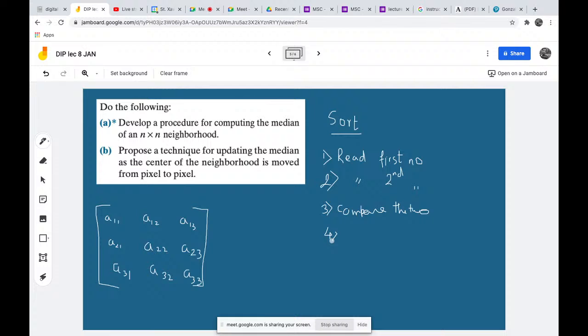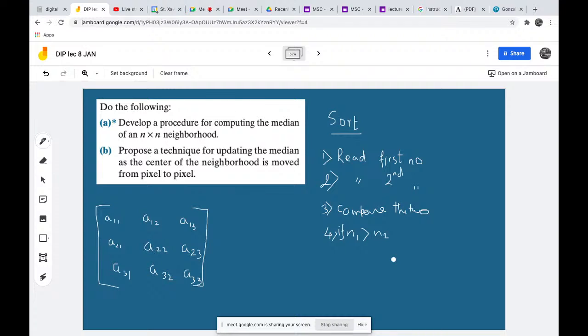So if the first number is larger than the second one, so I may call it n1 greater than n2, if. Then what do you do?